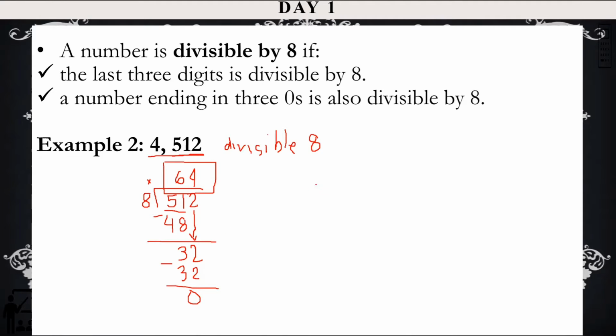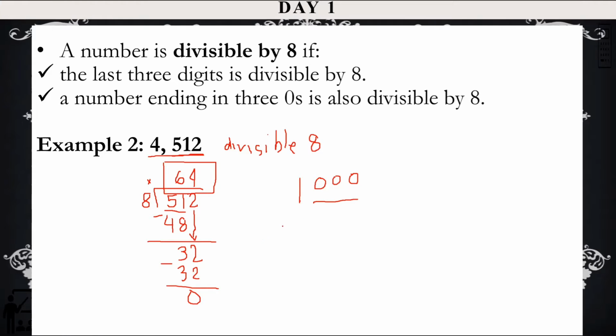Let me give you 1,000. Do you think 1,000 is divisible by 8? Yes, because 1,000 ends with 3 zeros. Again, if a number ends in 3 zeros, then it is divisible by 8. Therefore, 1,000 is divisible by 8.